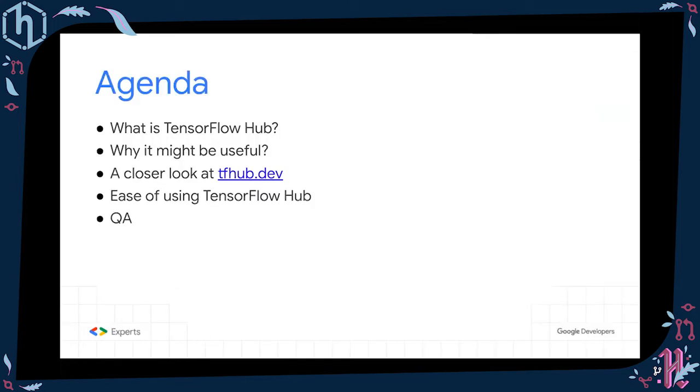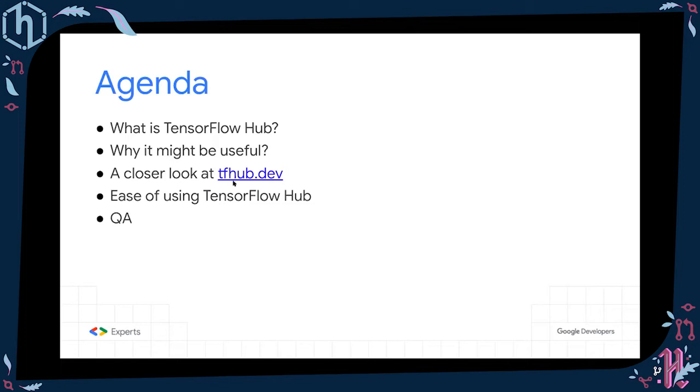Here is the agenda of the session. We'll start with what TensorFlow Hub is, because to keep things consistent it's important that we start with the absolute basics. I'll introduce TensorFlow Hub for folks who do not already know what it is, and then we'll discuss the usefulness of TensorFlow Hub or any other similar initiatives like PyTorch Hub or OpenCV Model Zoo and so on.